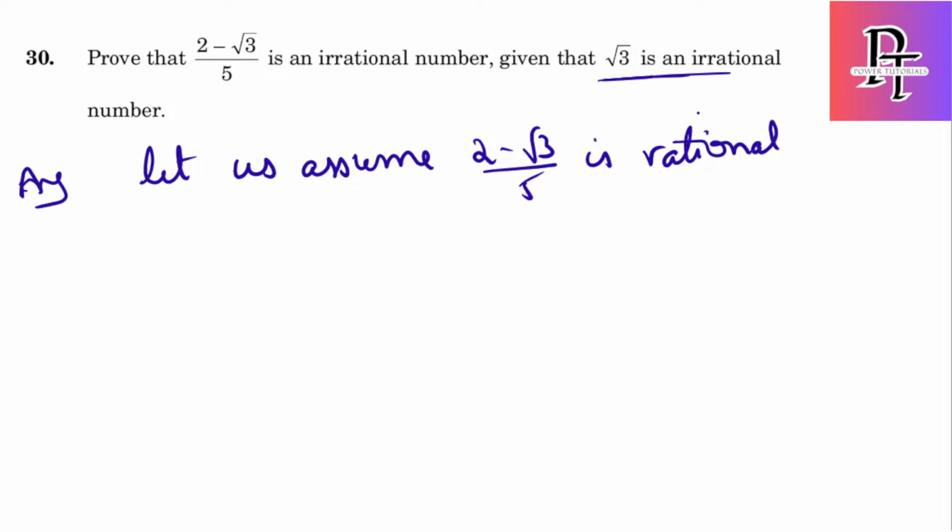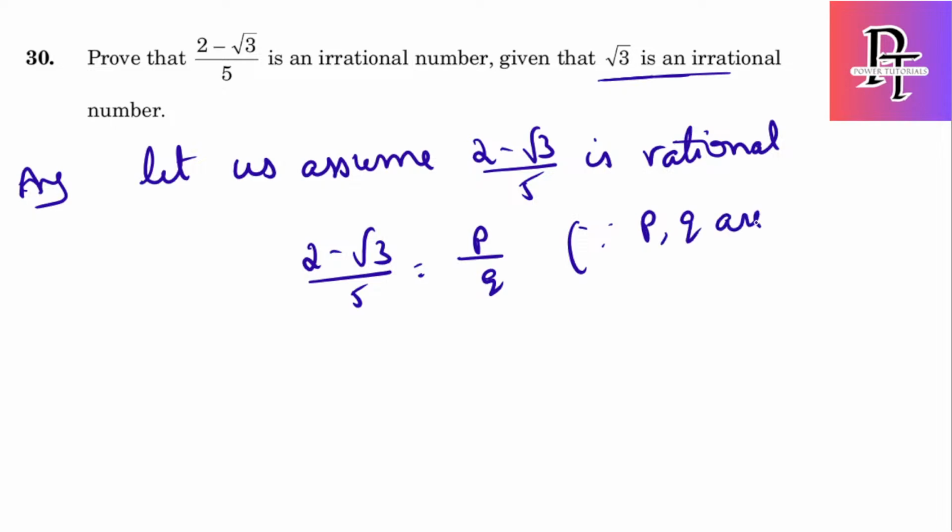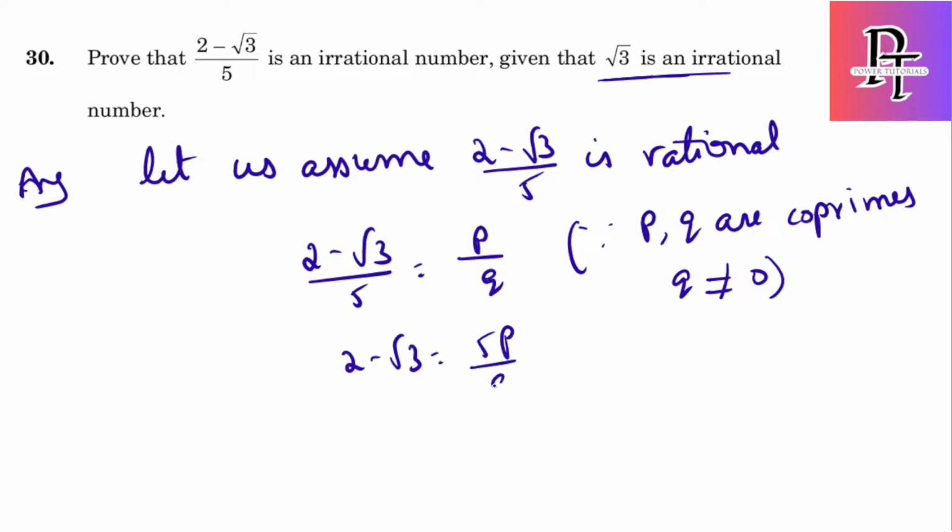If a number is rational, it can be written in the form p by q, where p, q are co-primes having no common factor, and the second condition, q should not be equal to 0, because q equal to 0 becomes an undefined condition. Okay, now let's move. Make sure to write root 3 on one side and keep the others on the other side. So I will keep 5 to the right side first, it becomes 5p by q.